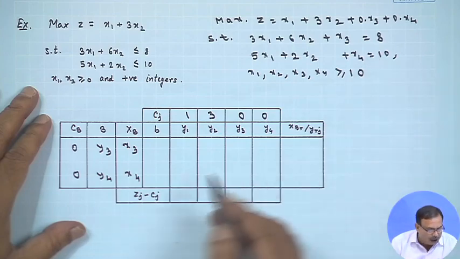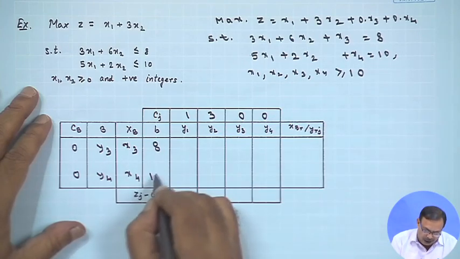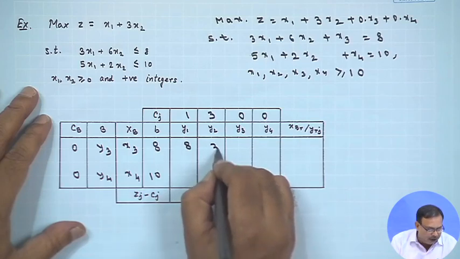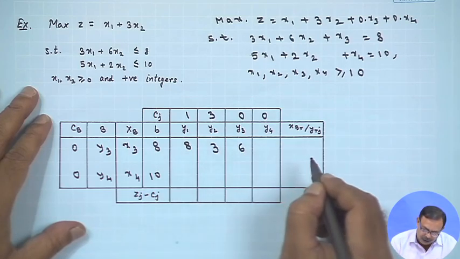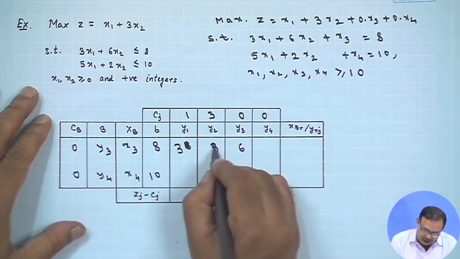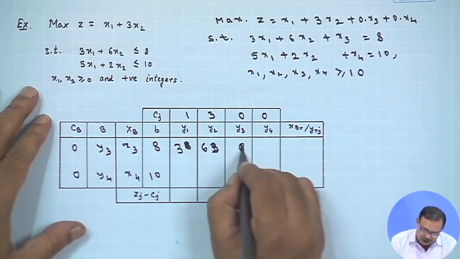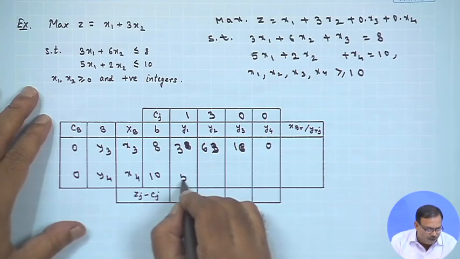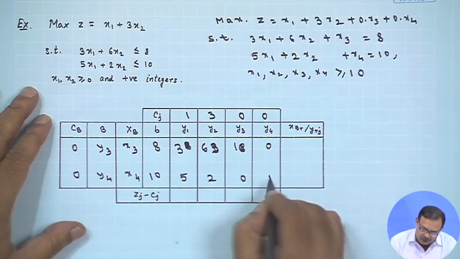Your b values are 8 and 10. Now, write down the two rows as usual: 8, 3, 6, 1, 0, and the next one is 10, 5, 2, 0 and 1.